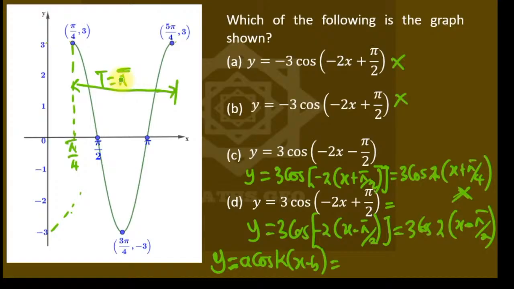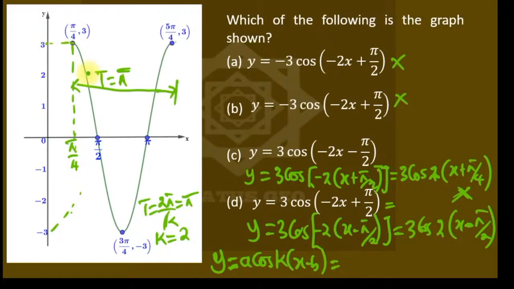But I told you that the period T is always 2 pi over k. And from the diagram it is equal to pi. So what do you have to say? k is 2. So as you can see, k is 2. So we have a, our a is 3. Are you seeing it? 3.